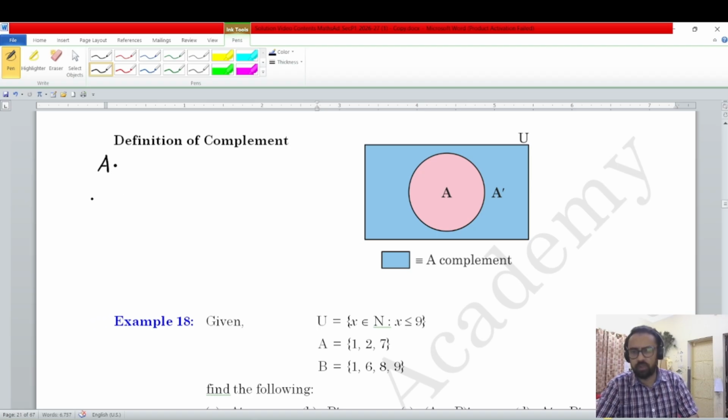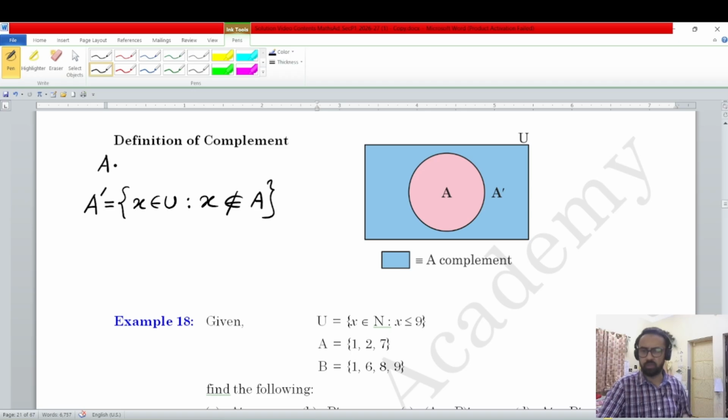The complement A dash or A prime is all those x in U such that x is not in A. All those x in the universal set such that x is not in A.